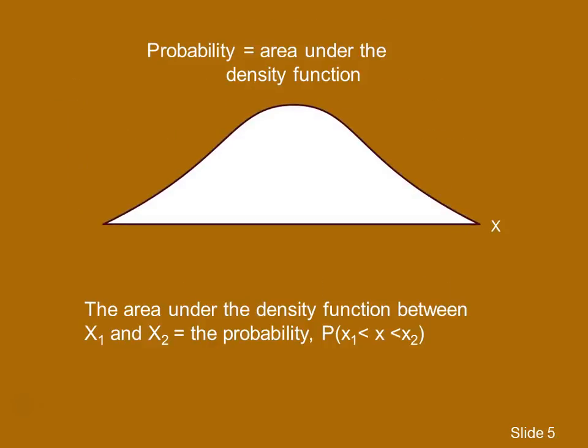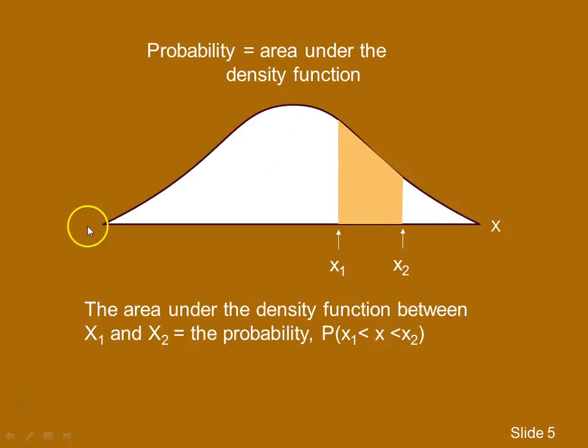Let's take a look at a graph of a continuous random variable. Here we have a normal shaped distribution, which we will be getting to later in this module. Supposing I'm interested in the probability that the variable x falls between x1 and x2. We're going to define that actually as the area under the density function between those points.